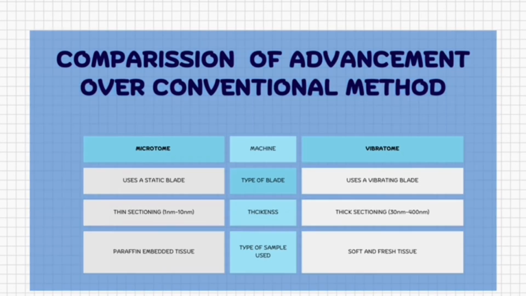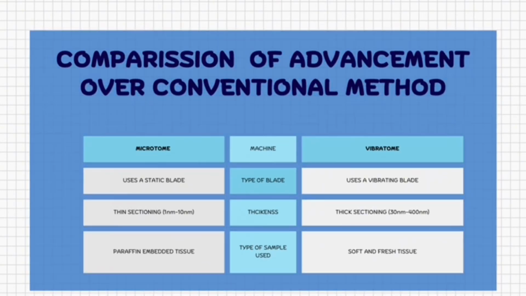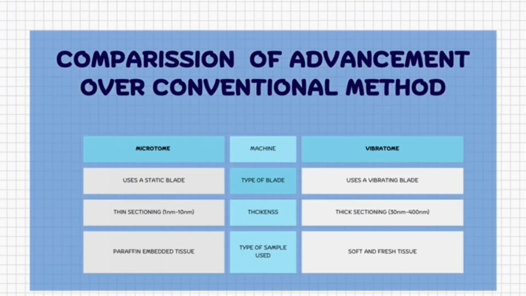We'll be talking about the comparison of the advancement method versus the conventional method. The machines are the microtome and vibratome. The type of blade used for the microtome is a stationary blade, while the vibratome uses a vibrating blade.